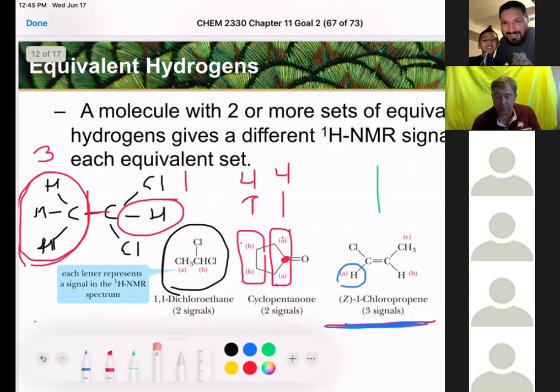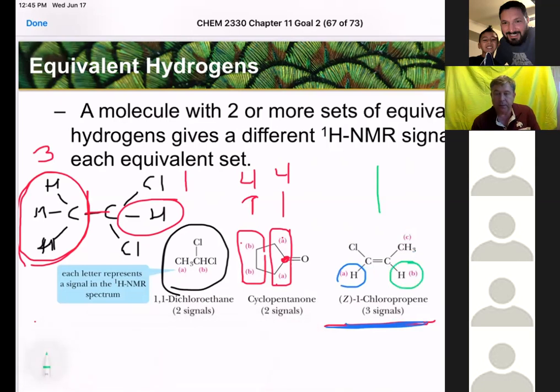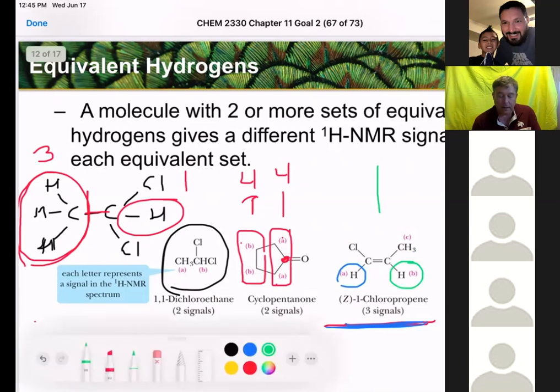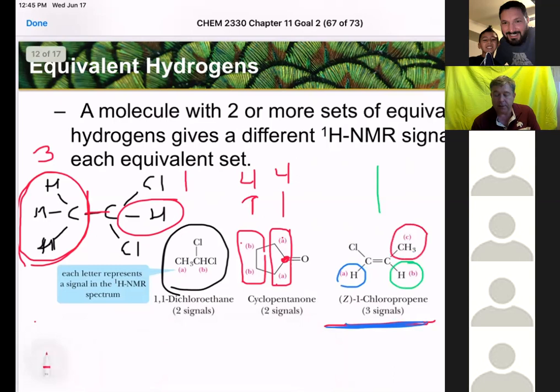Okay, so this hydrogen's different than this hydrogen, and both of these are attached to a double bonded carbon, and that makes these hydrogens different. So we get 3 different signals, and if we looked at the intensity of these signals, we would have an intensity of 1 for A, 1 for B, and 3 for C.